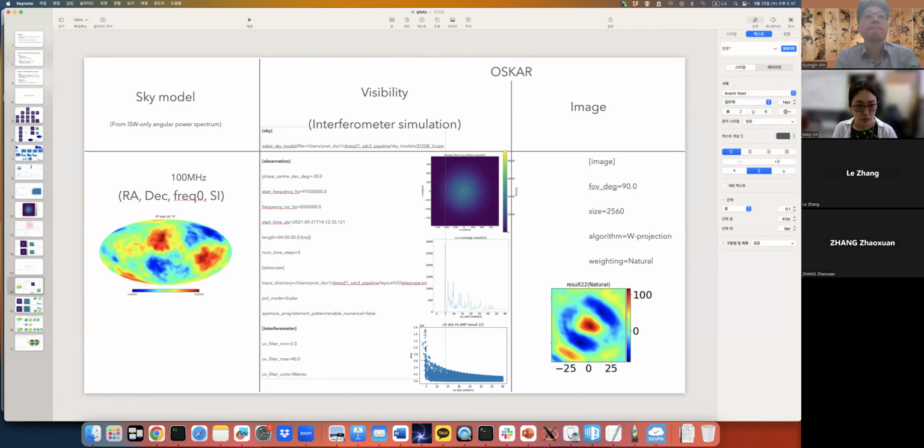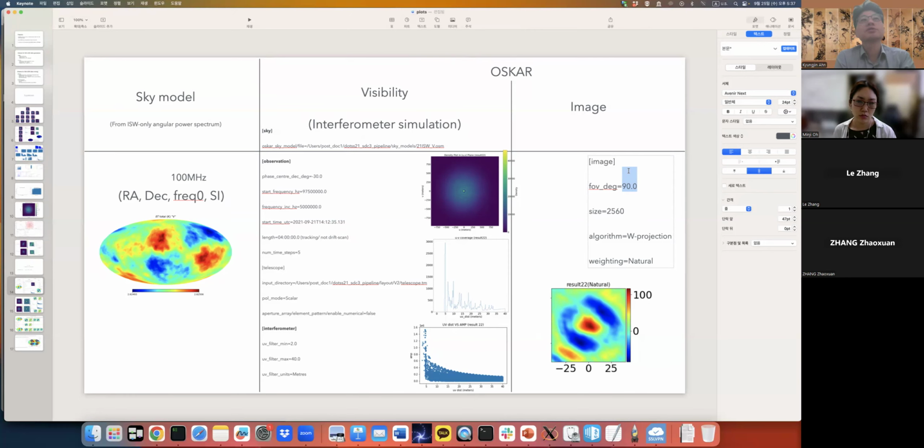Right. But in the right panel you said a 90-degree field of view. I think it's a contradiction. Maybe you have a small patch, but you project it onto a very big flat surface.